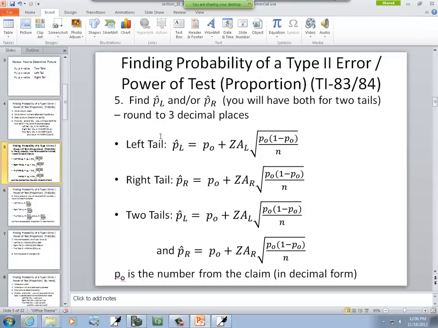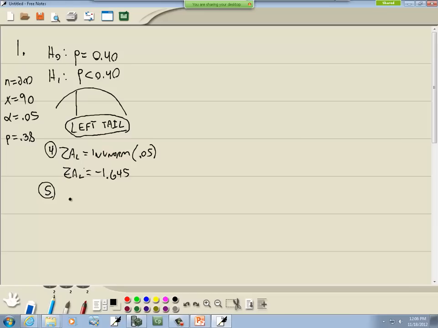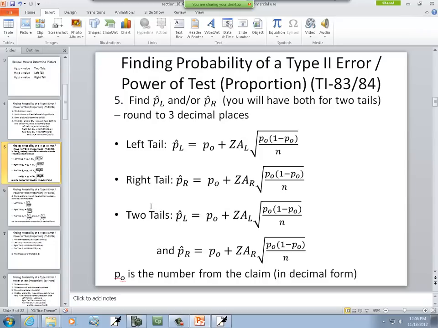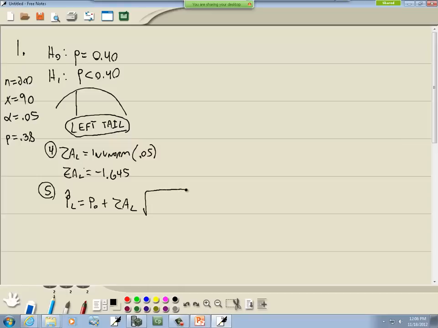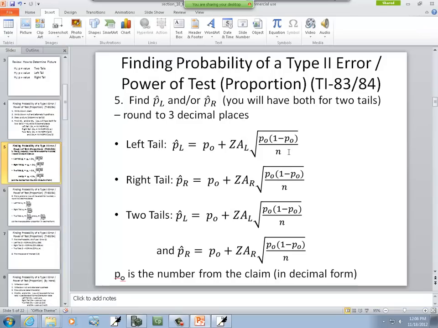So left tail, we're going to use this top formula. So let me write it down. P hat sub L is equal to P naught plus Z alpha sub L times the square root of P naught times 1 minus P naught divided by N. Now it says P naught is a number from the claim or from H naught or H1 in decimal form.